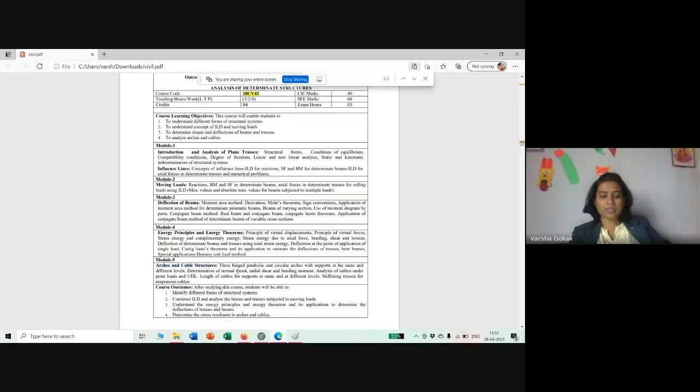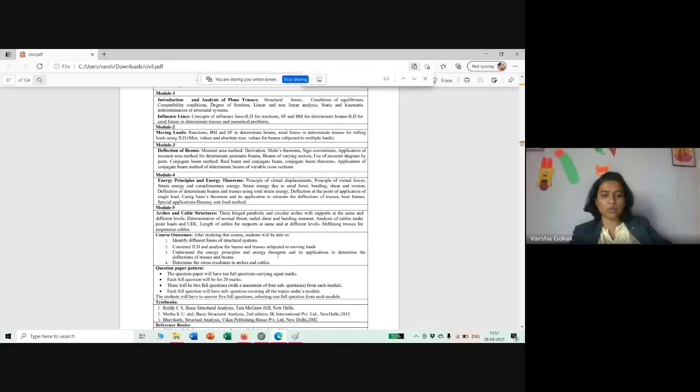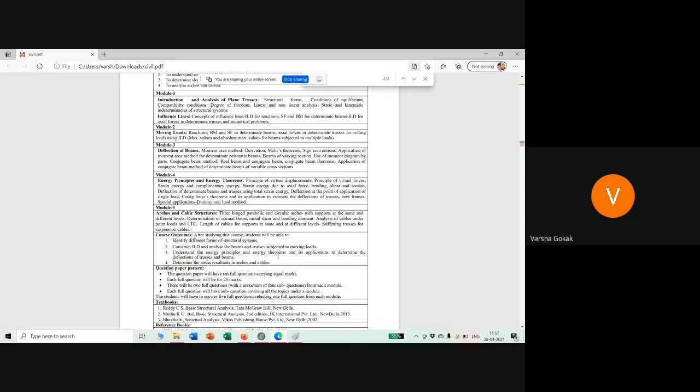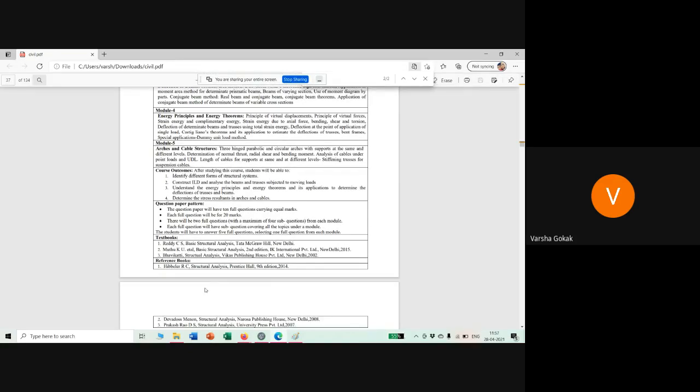Now if you ask me what textbooks you should be referring to for structural analysis 1, they have given you some textbooks. These are prescribed by VTU. These textbooks are Muthu and Bhavikatti, and reference books are there. Reference books are sometimes national, sometimes international.